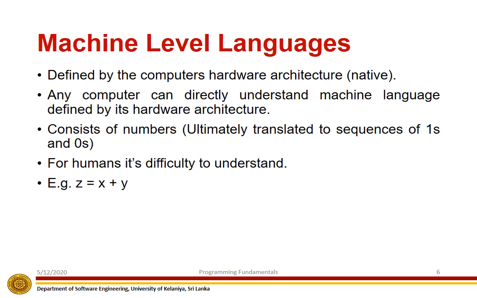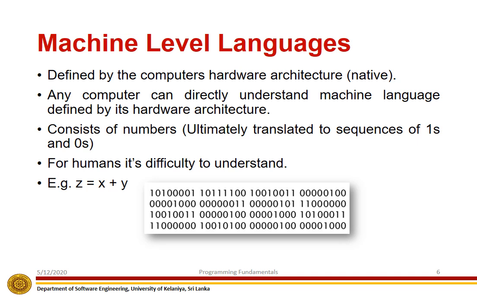Computers are built to understand those patterns and they can work with them accordingly. But it is difficult for humans to understand machine level language. There is an example in the slide, z equals x plus y. We can write it in machine language like this, as a sequence of zeros and ones.